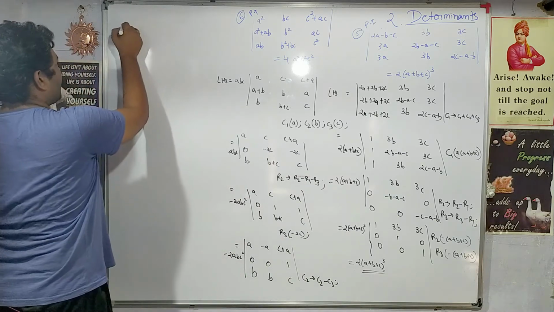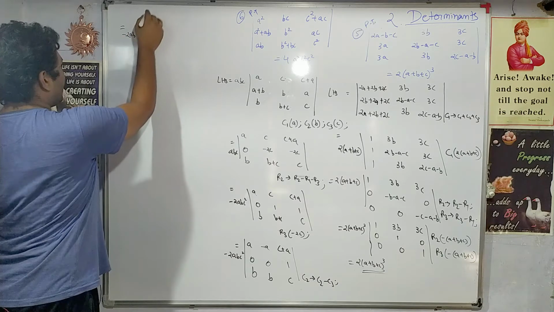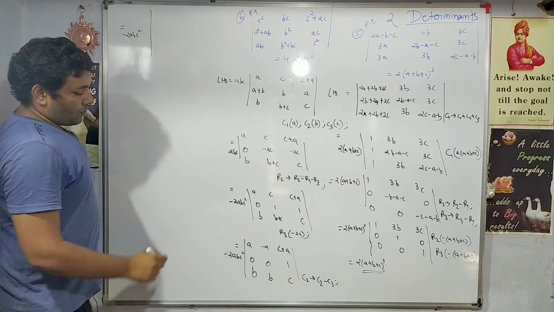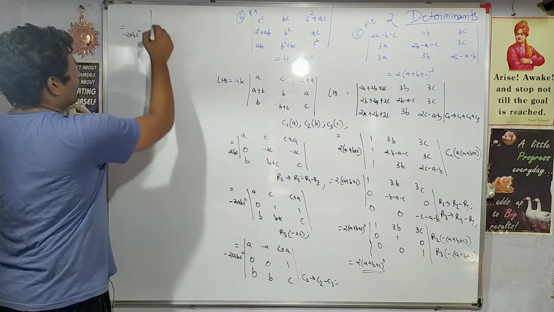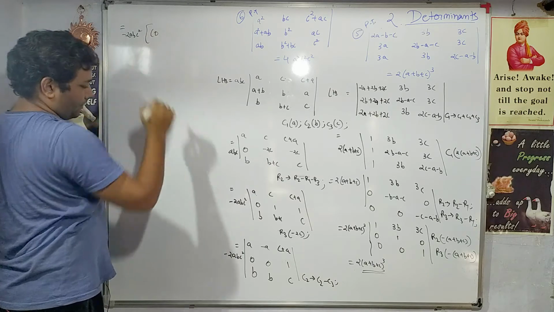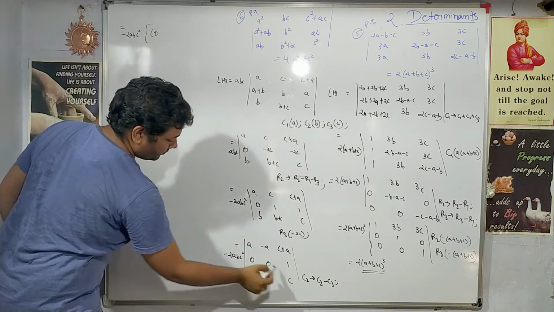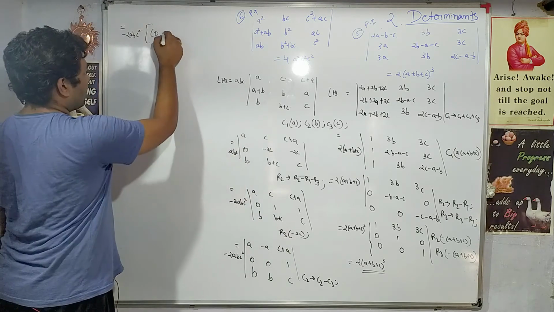So let me open up the determinant, minus 2ABC square. So using the Sarrus rule, A into 0 into C, that is going to give me 0. Then 0 into B into C plus A will again give me 0.